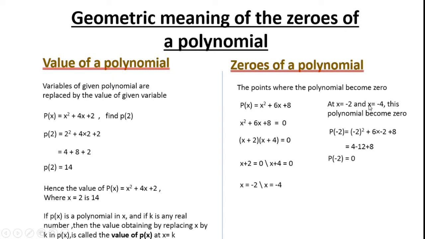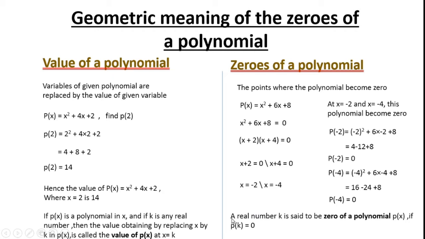The next, we are taking the value x equal to minus 4. So p of minus 4 equals minus 4 whole square plus 6 into minus 4 plus 8. Minus 4 whole square is 16, minus 24, plus 8. So p of minus 4 is equal to 0.